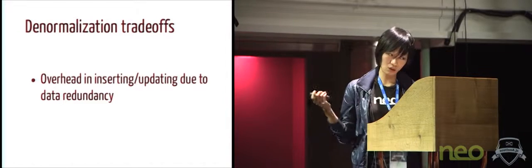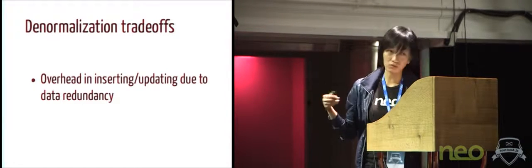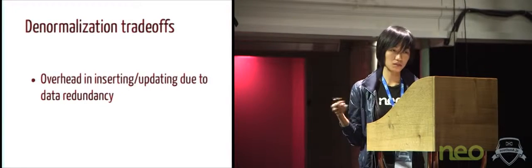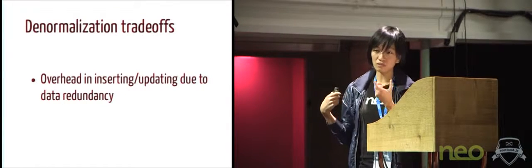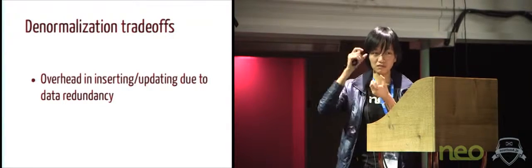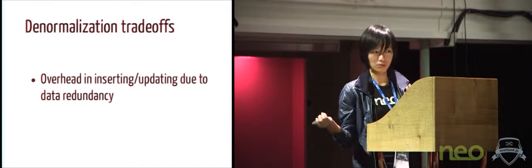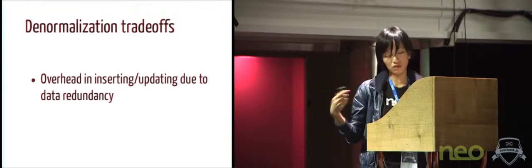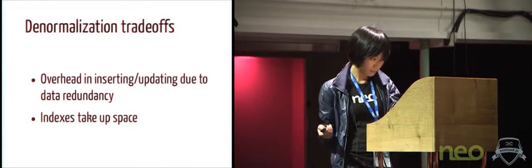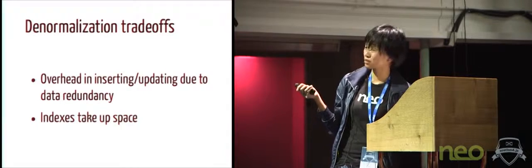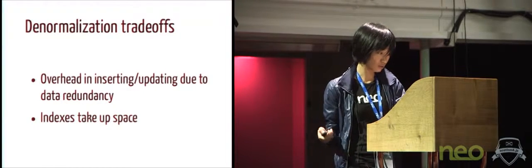Firstly, there is overhead in inserting and updating due to data redundancy, because a particular bar object actually appears in the different beer objects. So whenever I want to update, for example, my bar address, I actually have to update all those objects. Also, index takes up space, so if space is a concern, keep that in mind.